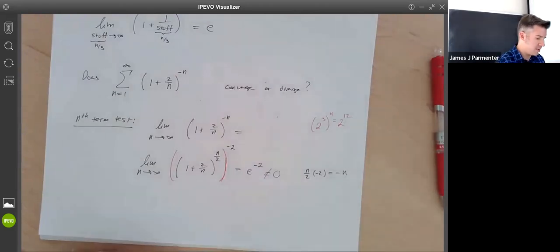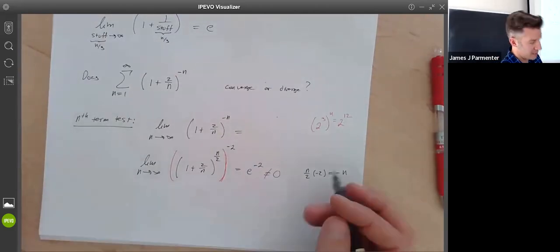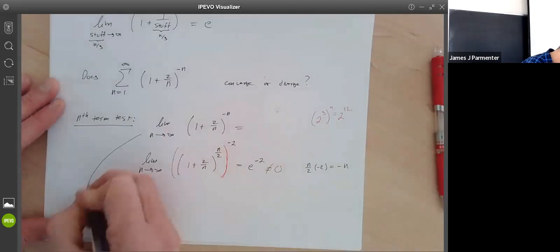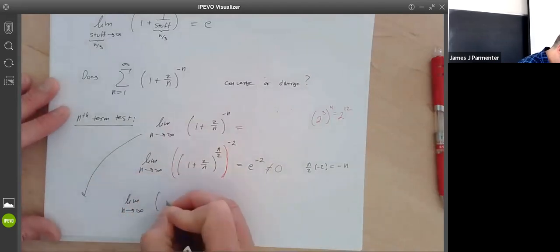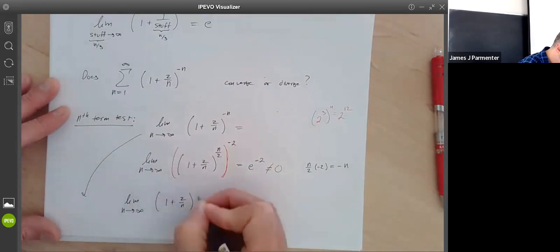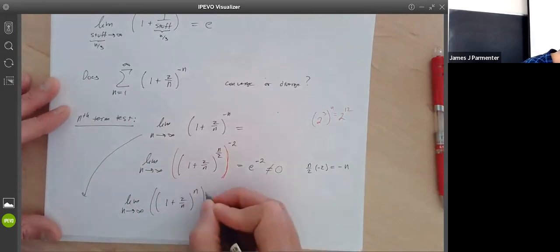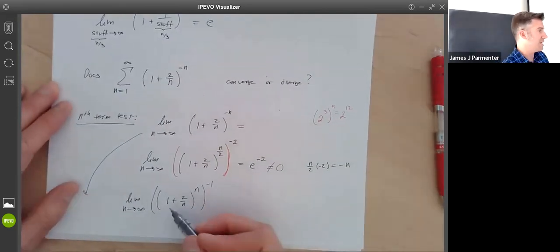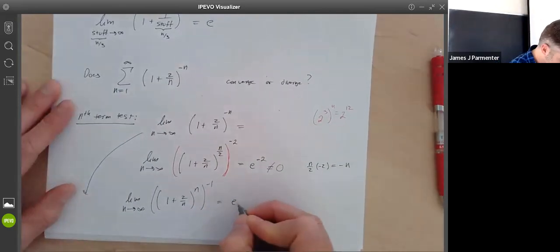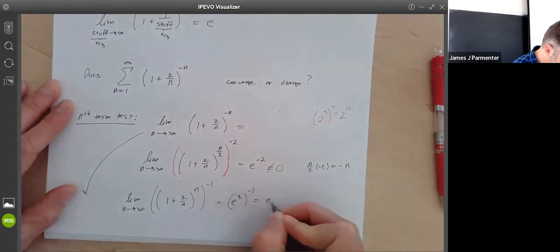Oh, I see what you're saying. Totally. Yes, you could definitely see it that way. You could rewrite this as the limit as n goes to infinity of ((1 plus 2 over n) to the n) to the -1, and then use the thing we just said to say that this inside part is going to e squared. So that's going to be e squared to the -1, which is e to the -2.